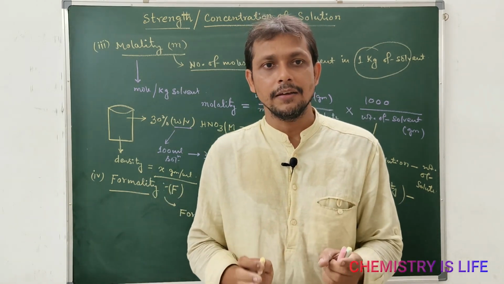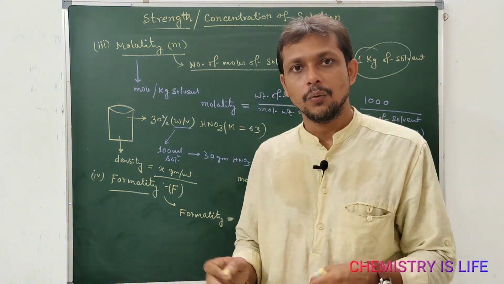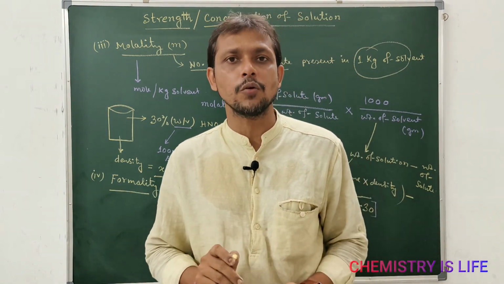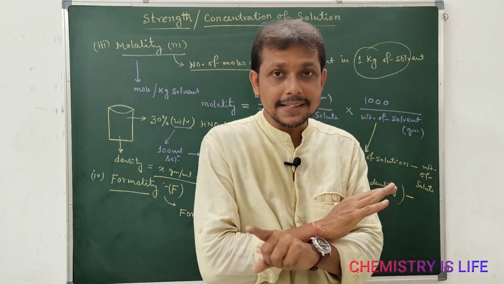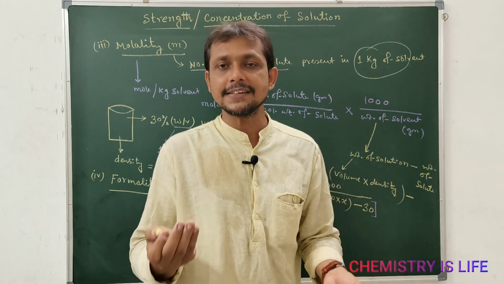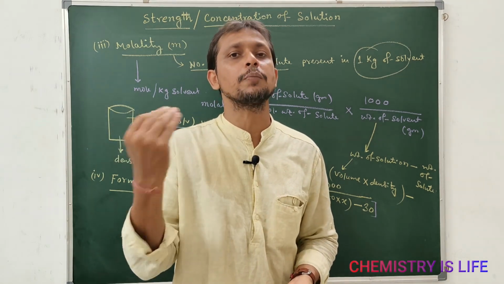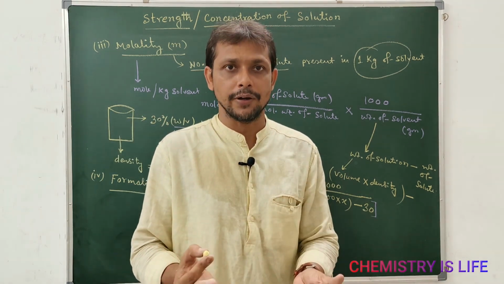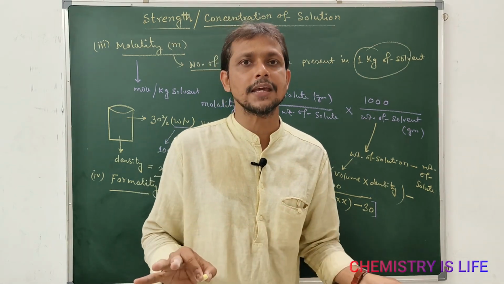And similarly, formula weight of NaCl will be the same. So no need to worry about formula weight. It is the same as molecular weight. Just the term molecular weight will not be used. Instead of molecular weight, we will use formula weight. The calculation process is the same.